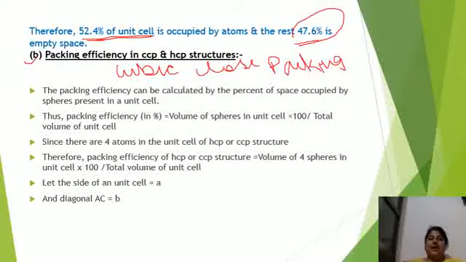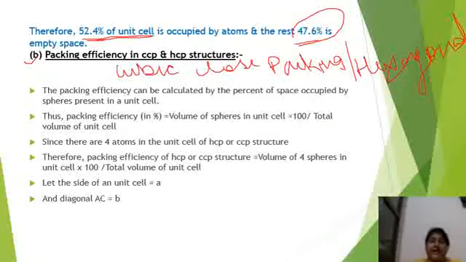And HCP means hexagonal close packing. So again the formula is the same, that is packing efficiency is equal to volume of spheres in the unit cell into 100 divided by total volume of unit cell.